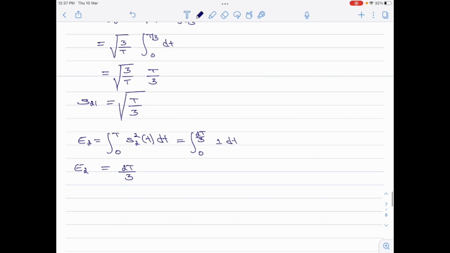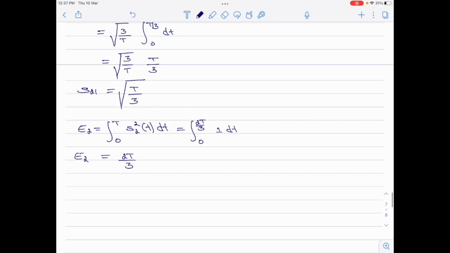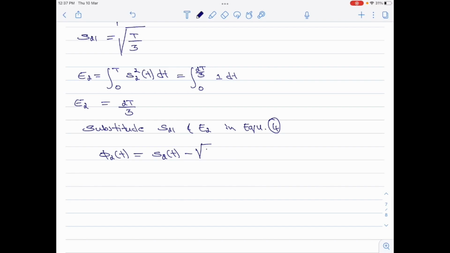So, let us now substitute the values of s21 and E2 back into equation 4. So, phi 2 of t equals s2 of t minus s21, which is given as square root of T divided by 3, into phi 1 of t, divided by square root of, we have E2 which is 2T divided by 3, minus s21 square, so it will be T divided by 3.